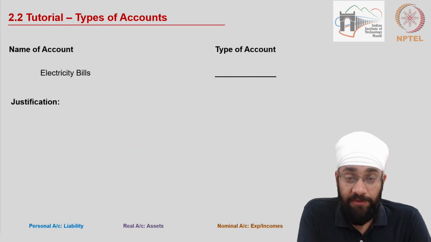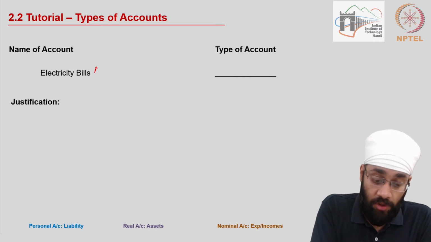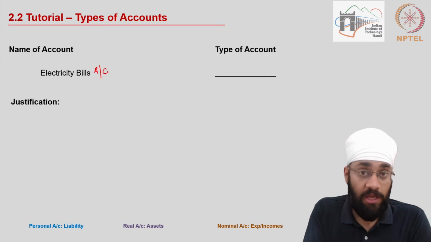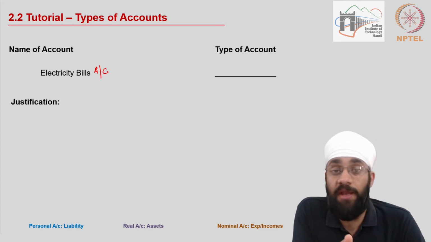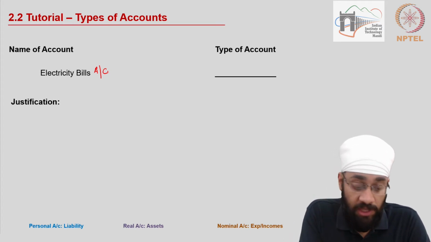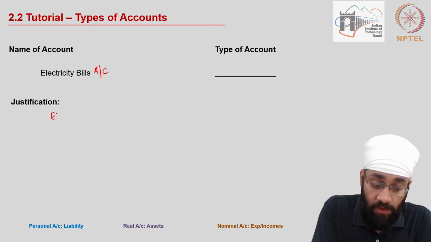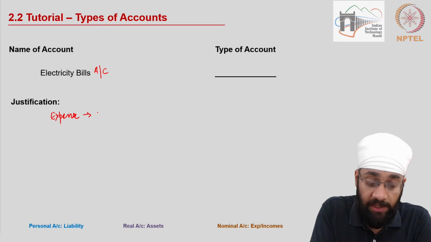Next up, you have electricity bills. So let me just call it electricity bills account. All the bills that you're going to pay for use of electricity, you can club all of those here. Clearly, this is also an expense item, and you can further categorize this as an operating expense.